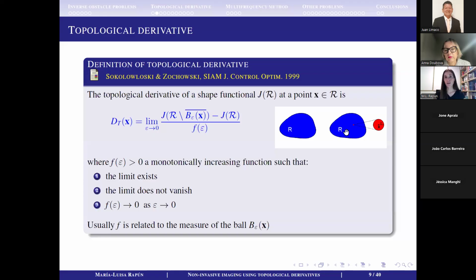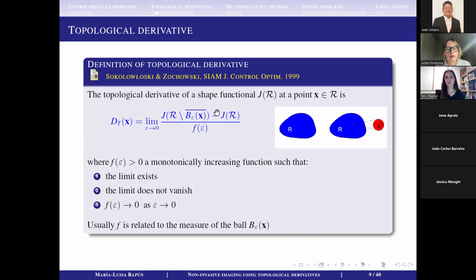So for each point x belonging to our region, we are going to consider a small ball of radius epsilon. Then what we do is to compare the value of the functional when we introduce this very small object with the value of the functional without any perturbation. Of course, since my ball is very small, this difference is also small.